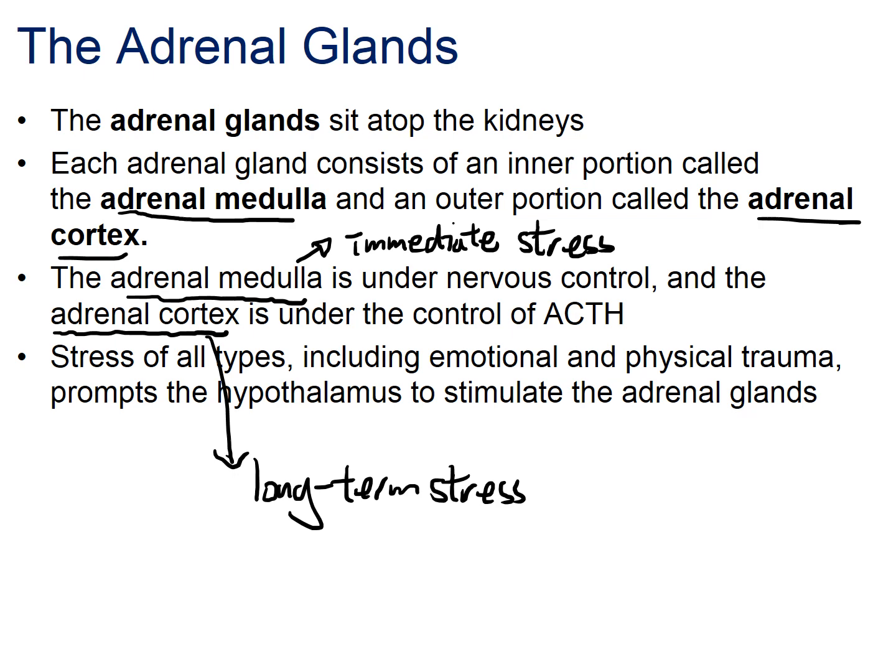We'll go into more details of these later, but right now it's important to know that the adrenal medulla, the one responsible for immediate stress, is under nervous control, right? In fact, it's under the sympathetic pathways, if you remember it from the nervous system, whereas the adrenal cortex is more under hormonal control, specifically ACTH.